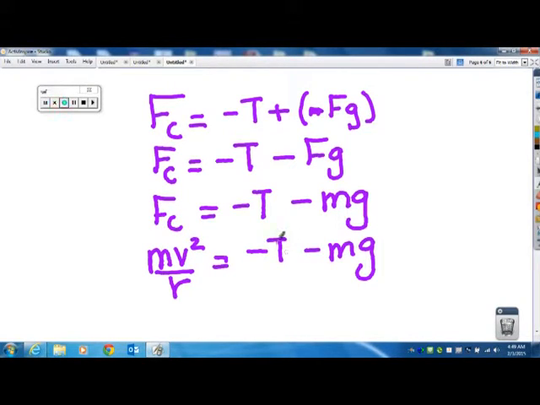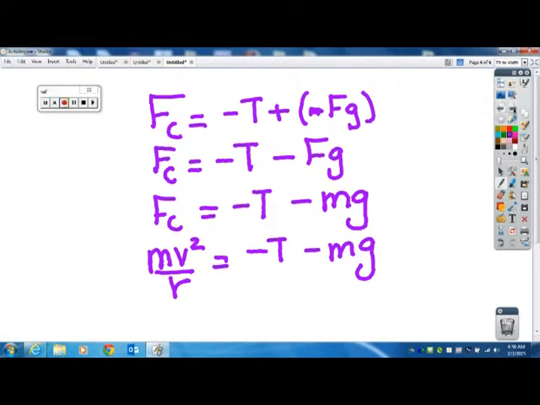And if you make T 0, your equation will simply be mv squared over r equals negative mg. The m's are going to cancel out, and solve for v. That'll give you the minimum speed the ball must have so it can reach the top and then come back down. And just keep in mind, whenever they talk about the minimum speed, they're saying this force is becoming 0. The only force that is impacting the object is the force of gravity, because we can never take that force away. So the T component is going to become 0, and your equation will become mv squared over r equals negative mg, and you can solve from there.